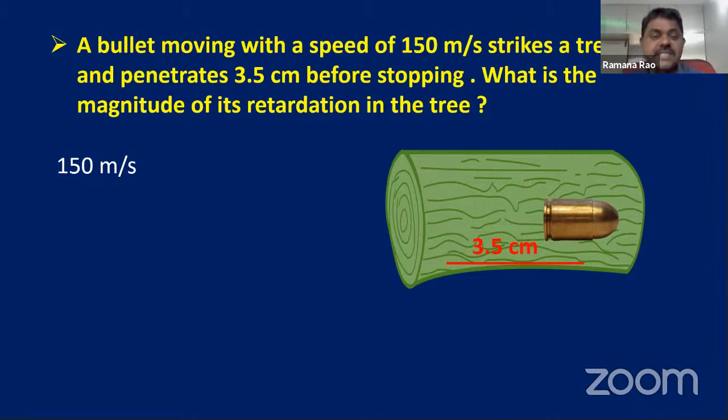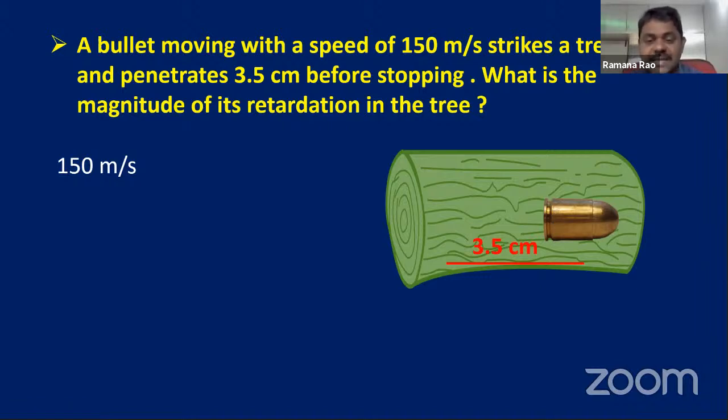Then which equation of motion do we have to use? We have three equations: v is equal to u plus at, s is equal to ut plus half at square, and v square minus u square is equal to 2as. Here we have to find acceleration. What are the given quantities? Initial velocity is given, final velocity is given, that is 0 because it is stopping, and displacement is given.